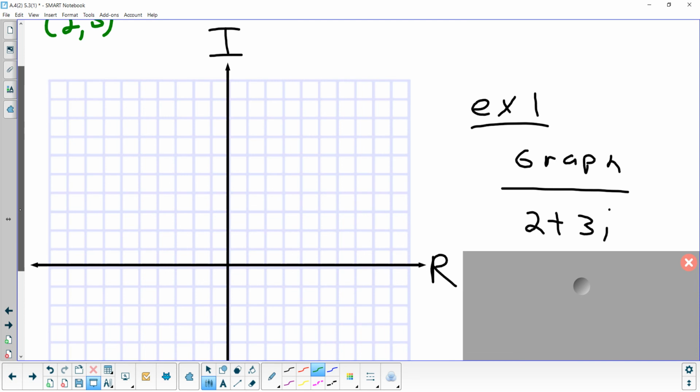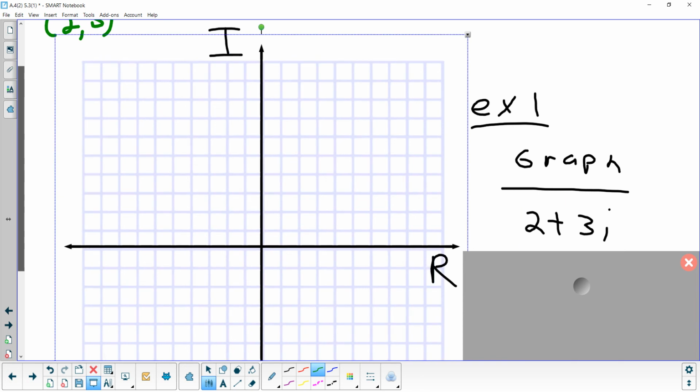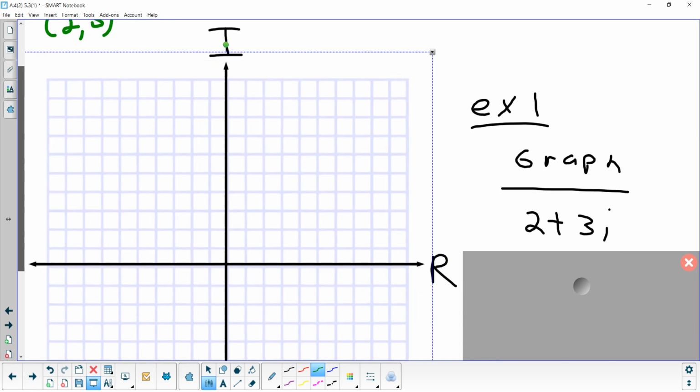What's the real part of 2 plus 3i? Yep. 2, and that's a positive 2. Just like with an x-axis, positive is right, negative is left. So this means to go 2 units on the real axis. 1, 2. Now, the imaginary part is, what's the imaginary part?